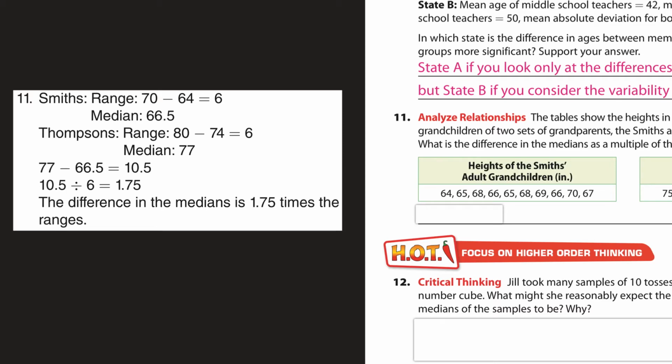Now, if I take the difference in those medians right here, that difference is 10.5, divided by our ranges, which are 6, is 1.75. So the difference in the medians is 1.75 times the ranges, and that is what I have here.